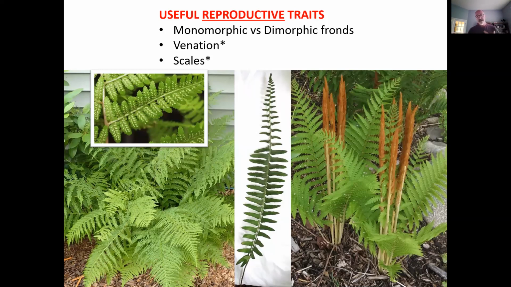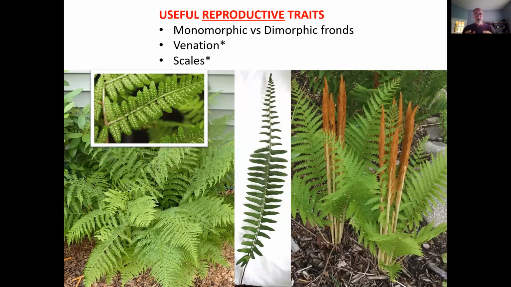Or you can get in between things like the Christmas fern. And the Christmas fern, and I'm going to show you another picture of the Christmas fern in a minute, but on a fertile leaf, the vegetative leaflets are quite obvious. They're rather large and flattened out for photosynthesis, but you can tell there's an apical triangle here and a section where suddenly all the leaflets are quite a bit smaller.